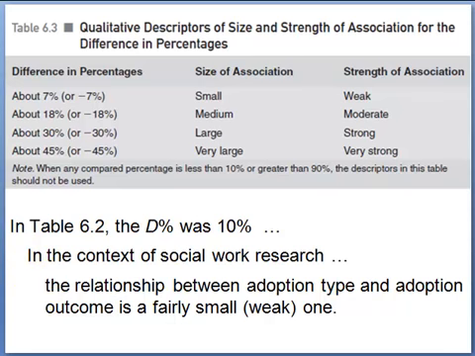Note at the bottom of this table of qualitative descriptors that when any compared percentage in the contingency table is less than 10% or greater than 90%, the descriptors in this table should not be used.